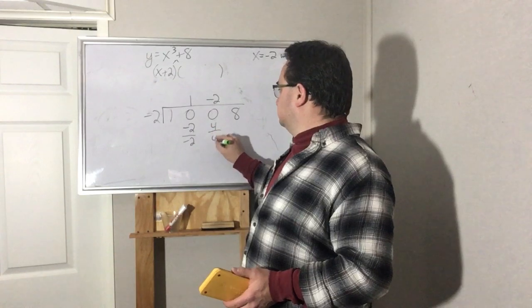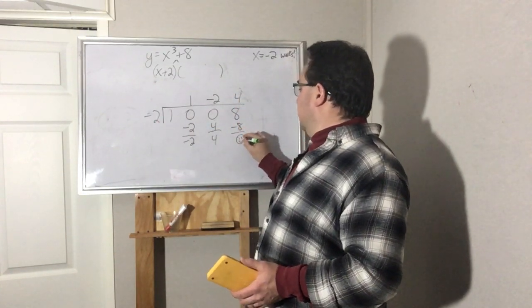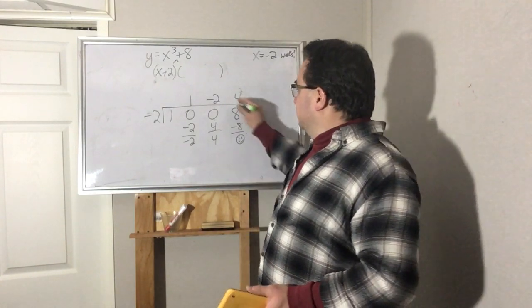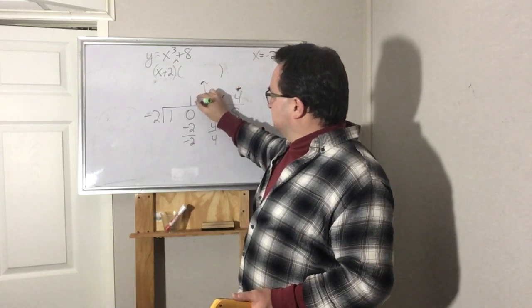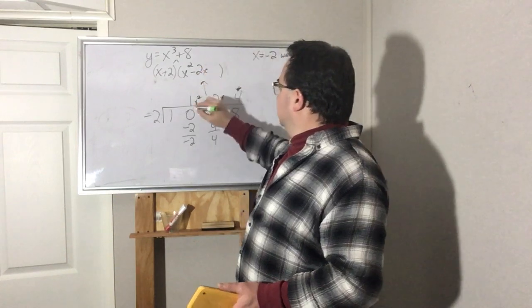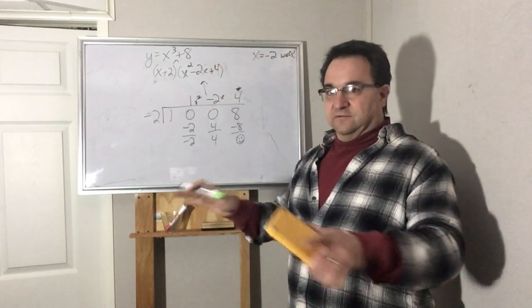Multiply. One more time. Got to get 0 as a remainder or else there's an error like I just made. This is your second factor, x squared. So this is x squared minus 2x plus 4. Okay, good so far.